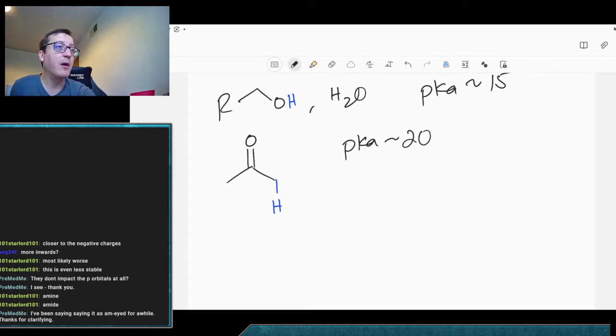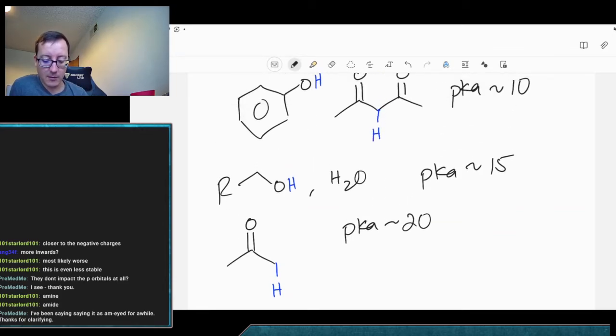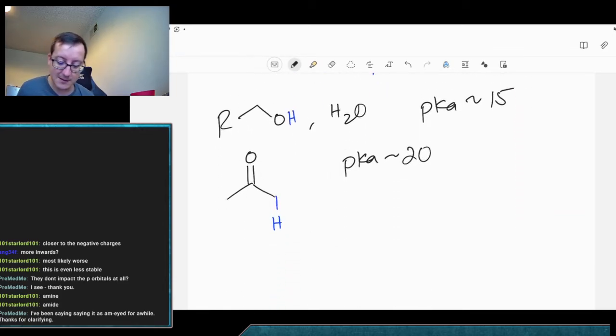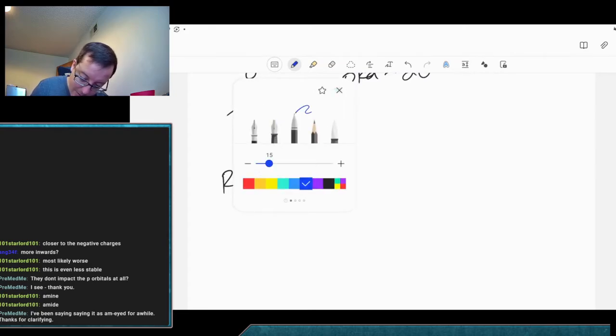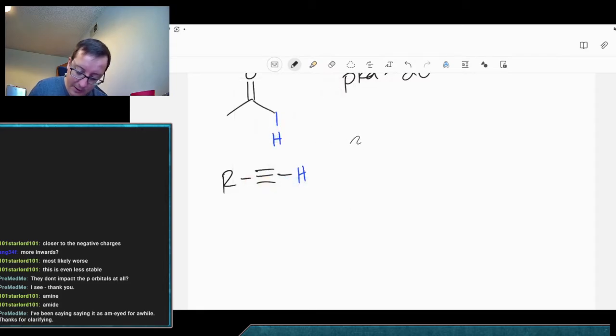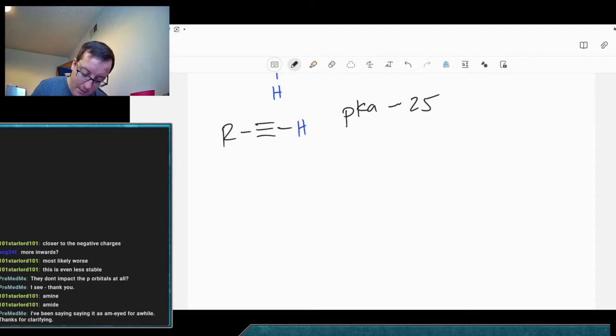We're going to talk about why these are like that, but again, we're starting at most acidic and going to less and less acidic. This alkyne, triple bonded carbon, we're looking at about 25 or so. Amines, we're looking at about 35.